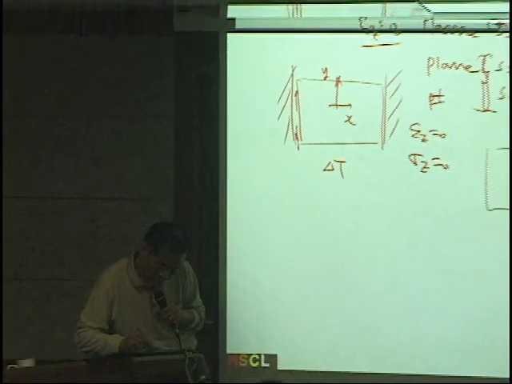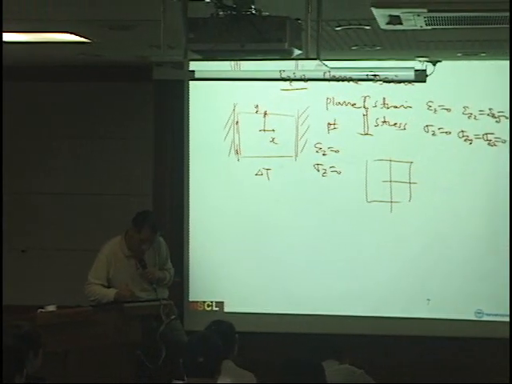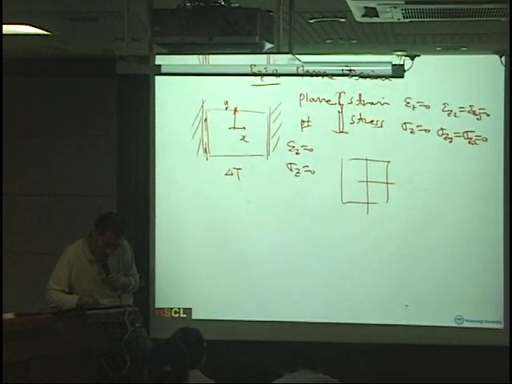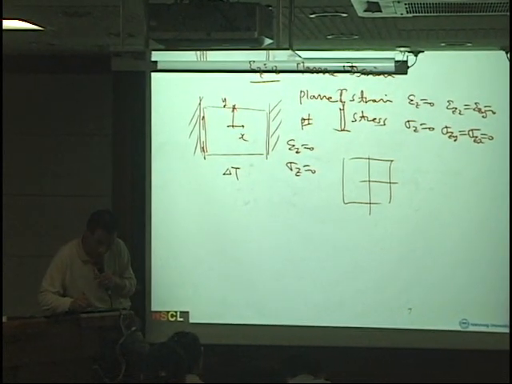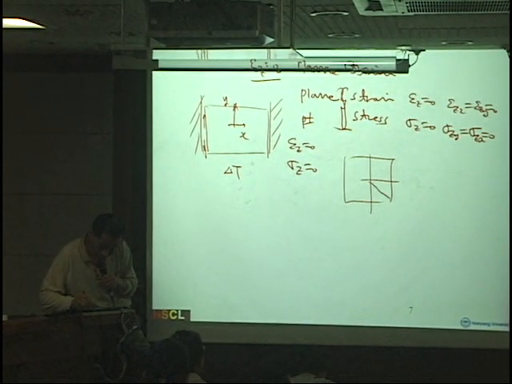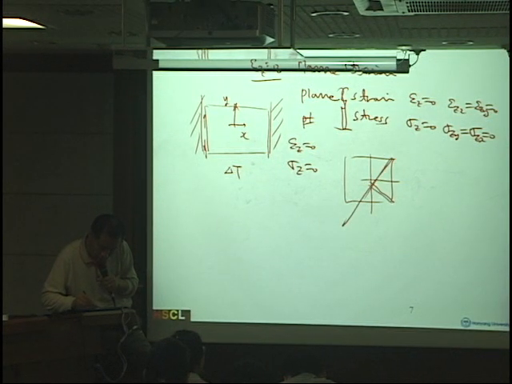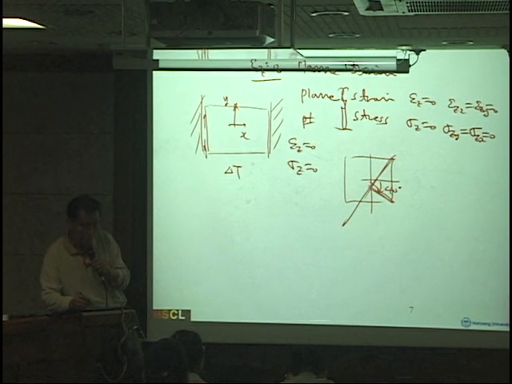If so, what are you rotating? 40 degrees. So 40 degrees will be like that. So this is the plane and this is the 40 degree rotation. Am I right? Okay.